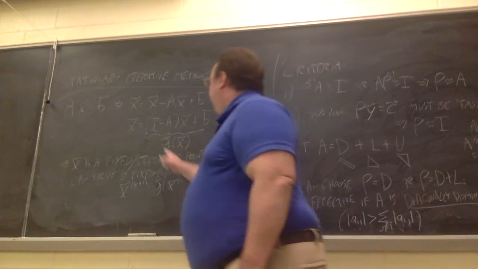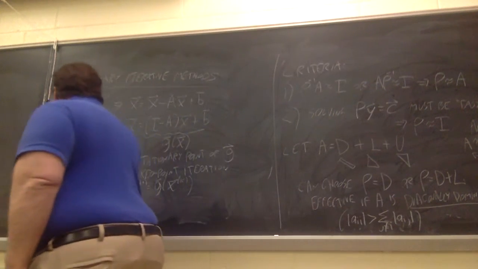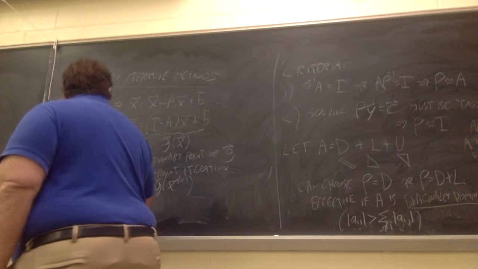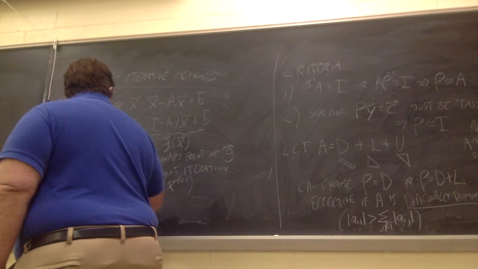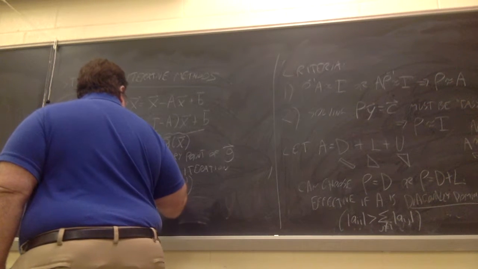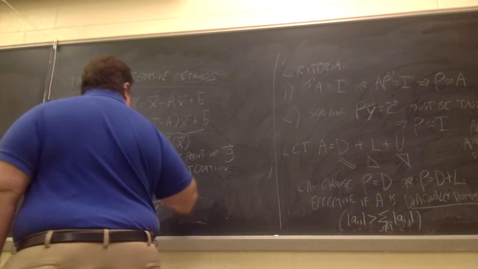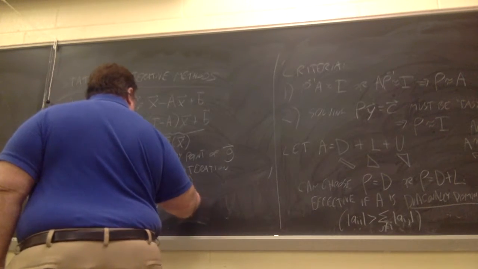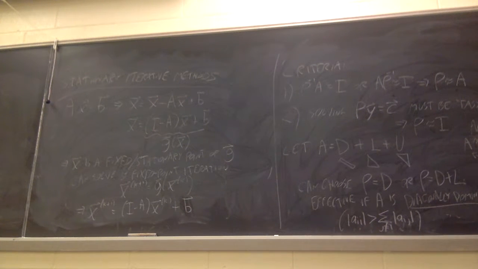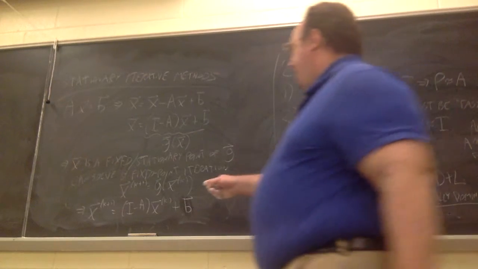So in this case, with this iteration, I have x_{k+1} = (I - A) x_k + b. So presumably, I could make an initial guess at x, like maybe the 0 vector, and plug that in here and get x1.